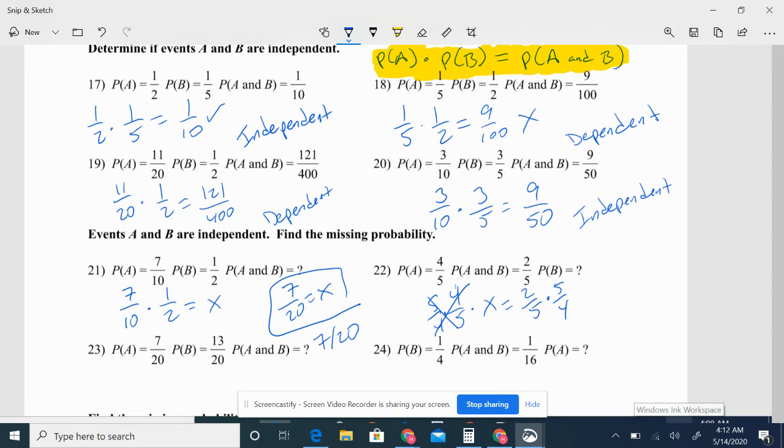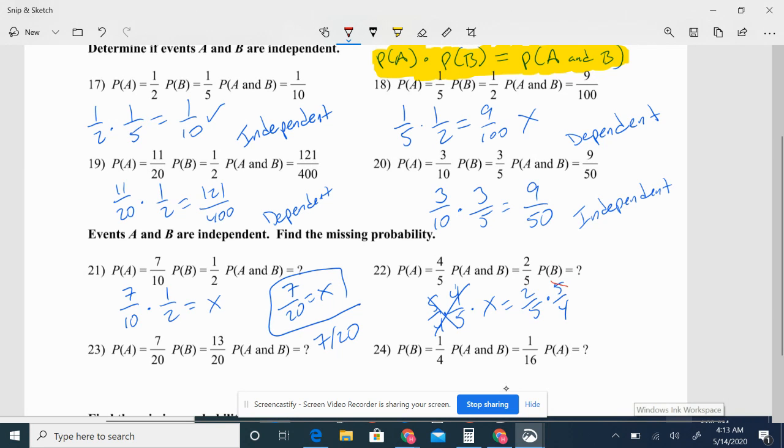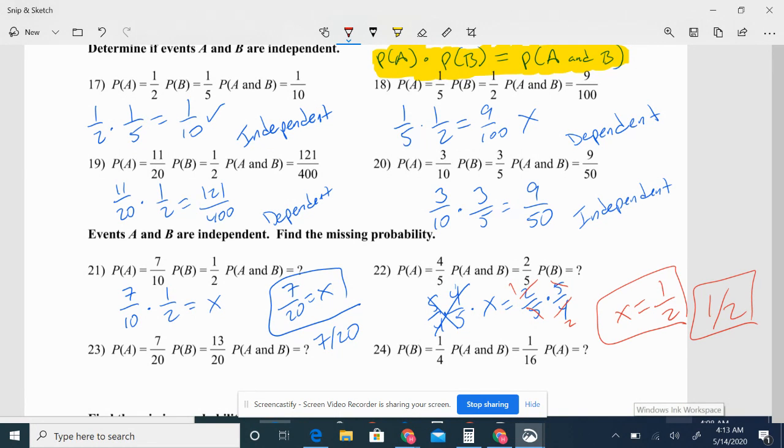Now, 2 over 5 times 5 over 4, I can just multiply straight and then simplify later, or I can just simplify first. I'm going to simplify first. This 5 with this 5 cancel out. My 2 and my 4 become 1 over 2. So then I have x equals, I just multiply the tops and multiply my fractions, and I get that x is equal to 1/2. You type that as 1 backslash 2.